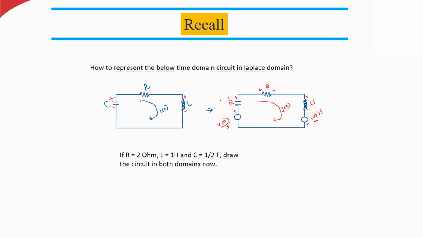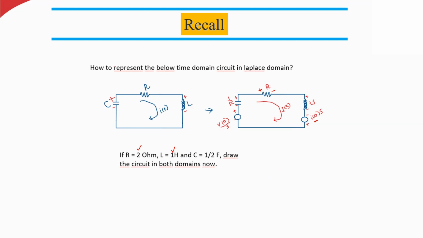Now I used R, L, C like this. In the problem, you may be given values. For example, the resistor can be any value, in this example 2 ohms, the inductor maybe 1 Henry, and the capacitor 1 divided by 2 farad, or 0.5 farad. Now you can draw the same RLC series circuit again, in time domain and also S domain.